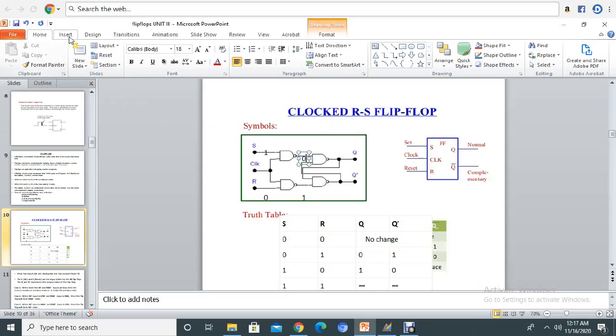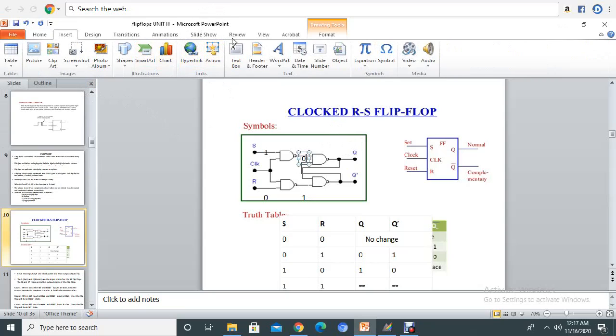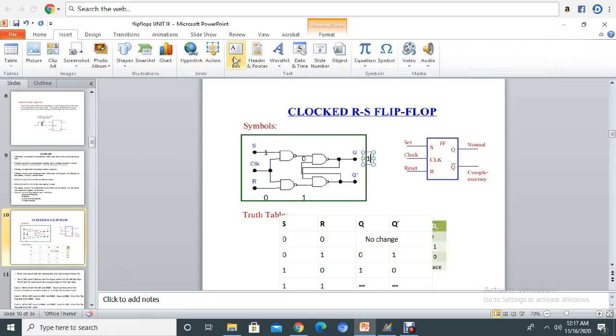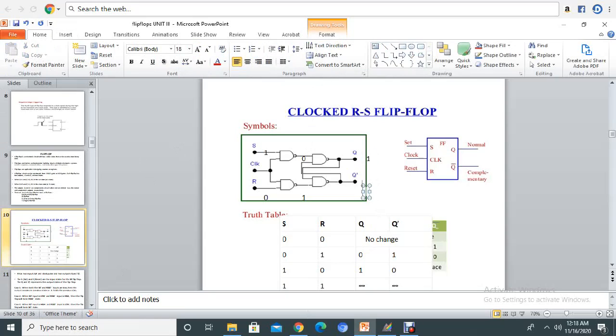So Q is equal to 1. This 1 is applied to the lower NAND gate. So both inputs are 1 now. If both inputs are 1, then the output will be 0. Q bar is equal to 0.